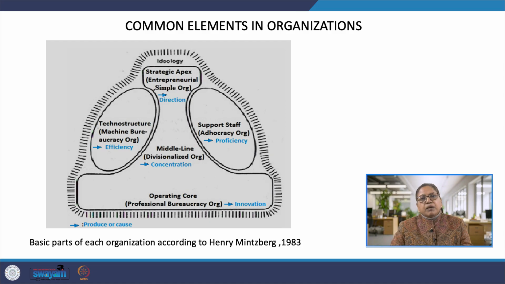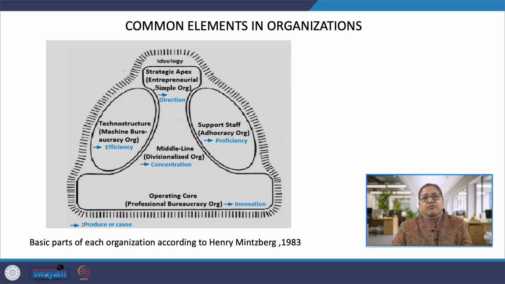The strategic apex consists of the top level managers who are charged with overall responsibility for the organization. The middle line consists of managers who connect the operating core to the strategic apex. Technostructure consists of analysts who have the responsibility for effecting certain forms of standardization in the organization. And the support staff are people who fill the staff units and provide indirect support services for the organization.